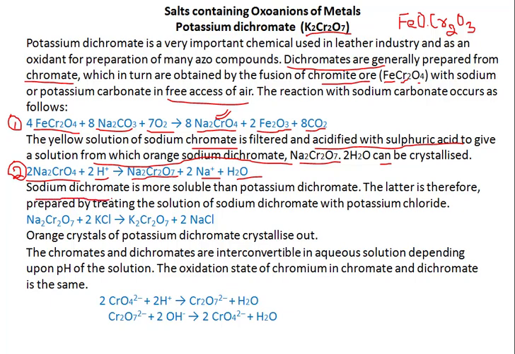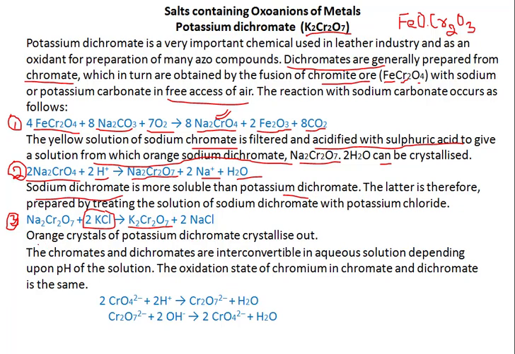The sodium dichromate so obtained is more soluble than potassium dichromate, and the latter is therefore prepared by treating the solution of sodium dichromate with potassium chloride. This forms step number 3: the sodium dichromate obtained in step 2 is treated with potassium chloride to form potassium dichromate along with sodium chloride.